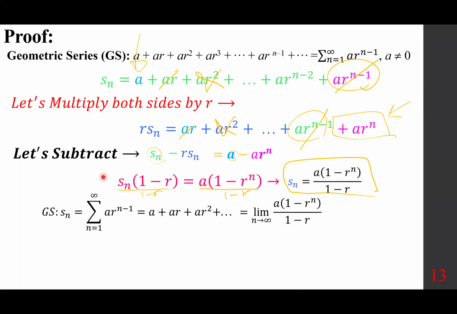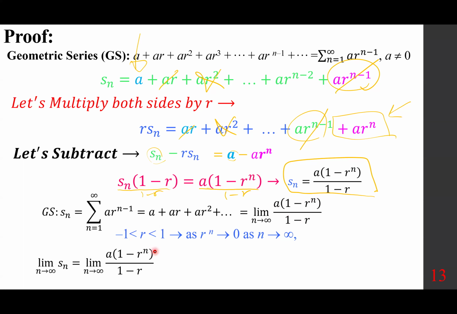Now, what happens if r is between -1 and 1? r to the power of n goes to 0. And therefore, we get simply a over 1 minus r.